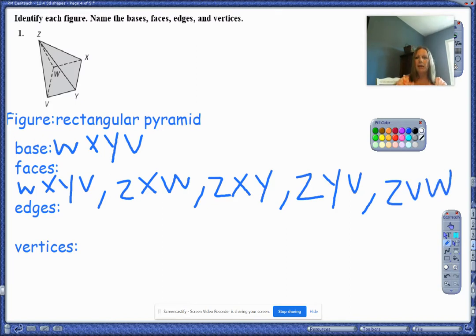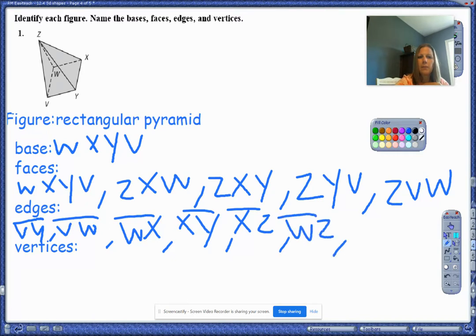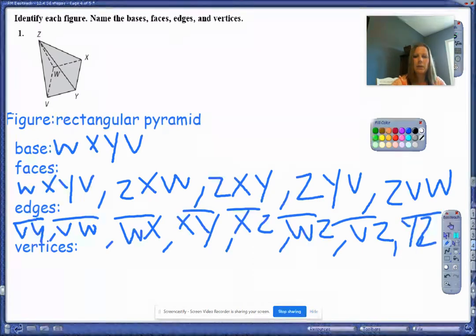My edges are my lines. So I have the 4 on the bottom and then the 4 connecting up to the Z. So I have, in line segments, VY, VW, WX, XY, XZ, WZ, VZ, YZ. 1, 2, 3, 4, 5, 6, 7, 8.